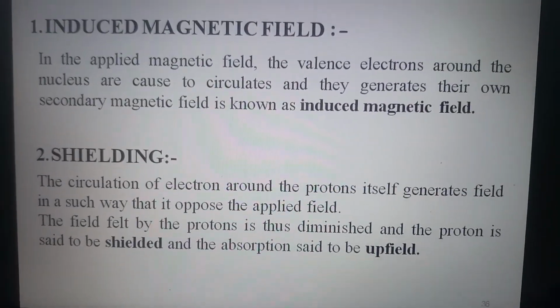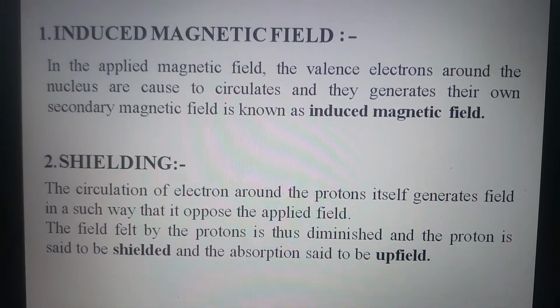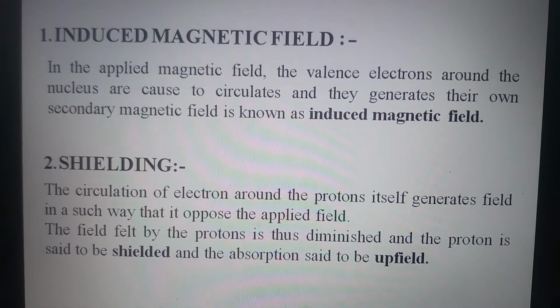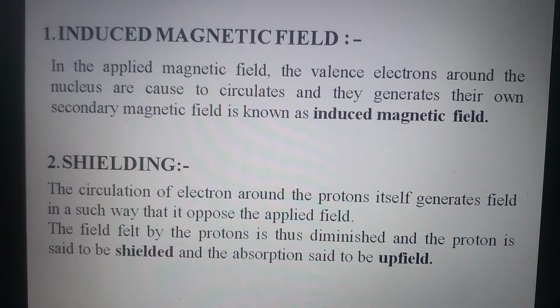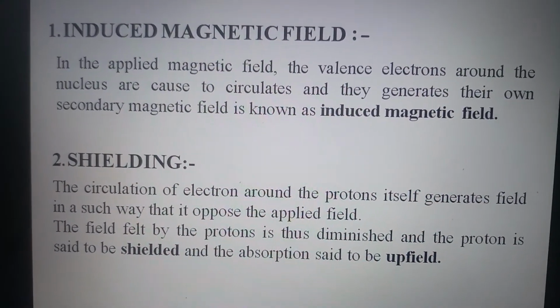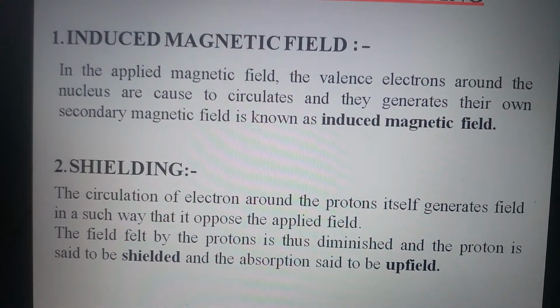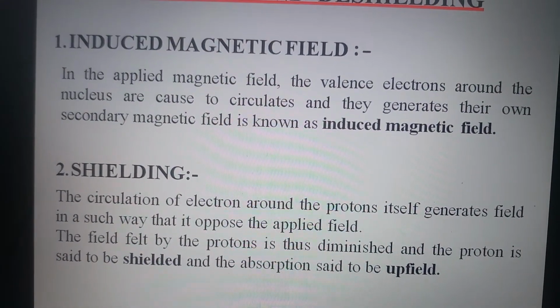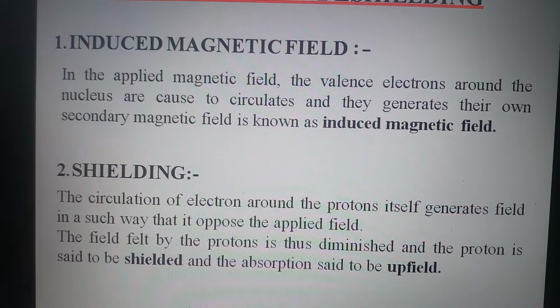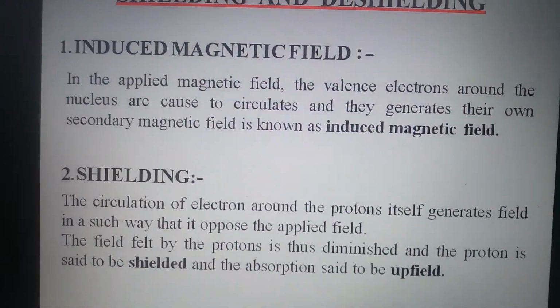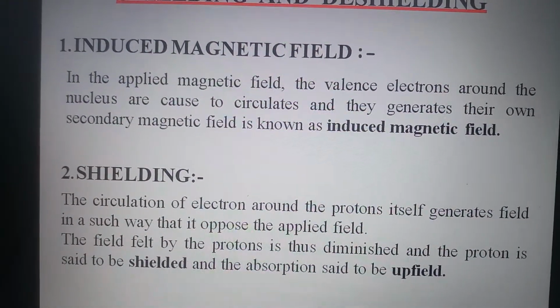This circulation of electrons around the protons generates a field in such a way that it opposes the applied field. Is it clear? The field felt by the protons is thus diminished and the proton is said to be shielded, and the absorption is said to be upfield.